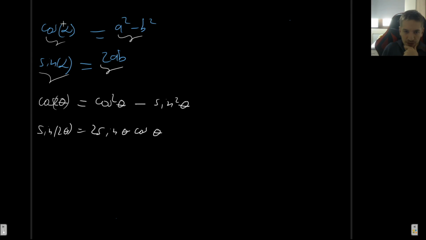We have cosine, something squared minus something squared. And here we have the sine, and it's 2 times one something and the other something, right? It looks very familiar.